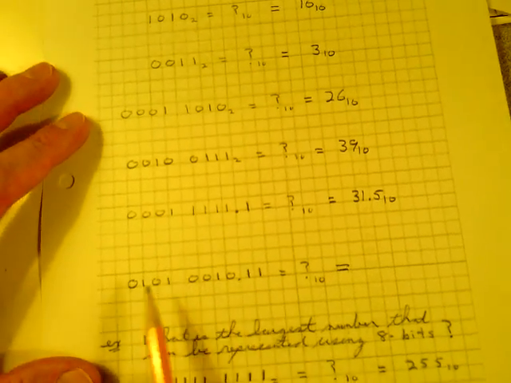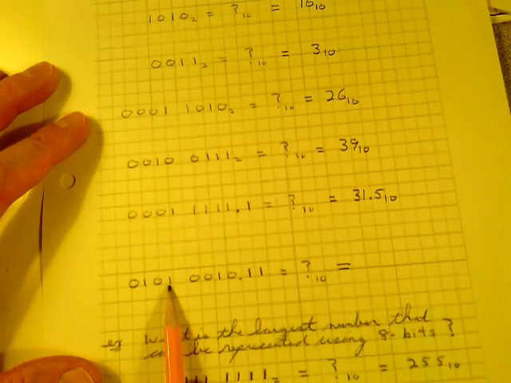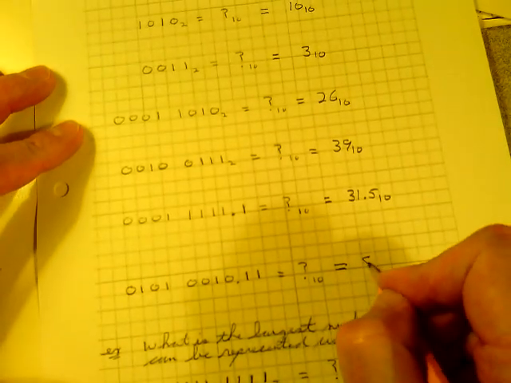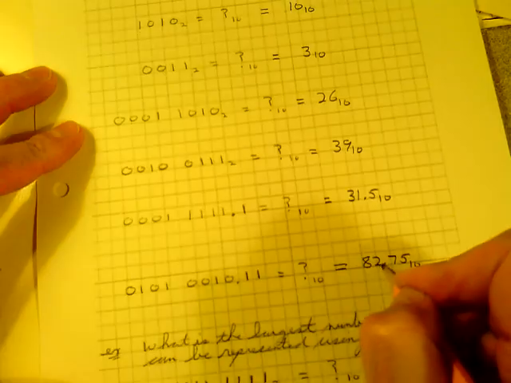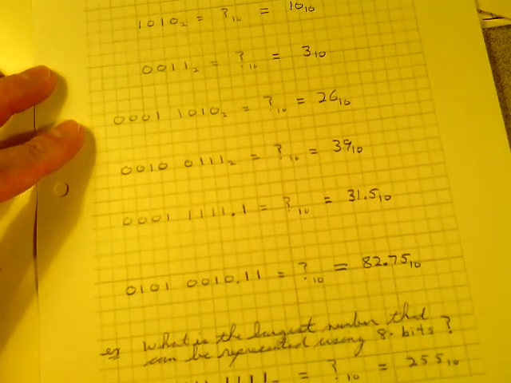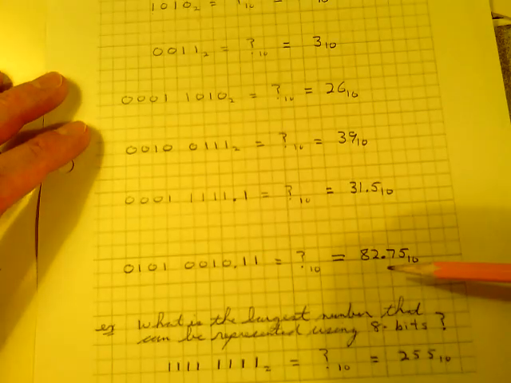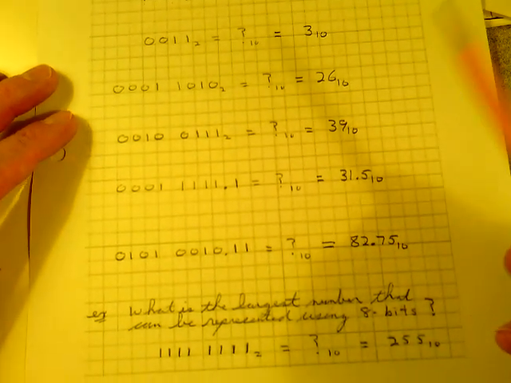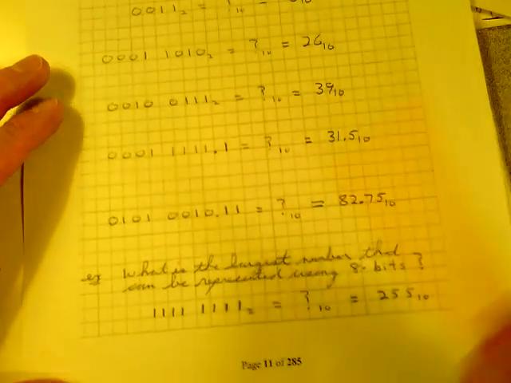Well, there's a 64, and there's a 16, that's 80, and there's 2, that's 82, and there's a 1/2, and there's a 1/4, it's 82.75 in base 10. Make sure you can do these for the quiz, the first mini exam coming up. You have to be able to do this, and memorizing these nibble patterns is a big part of it.